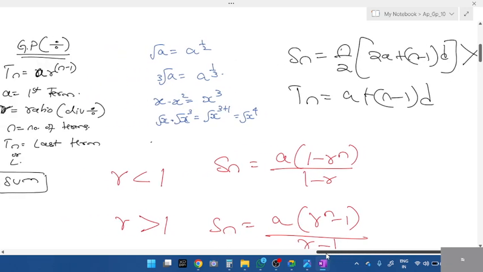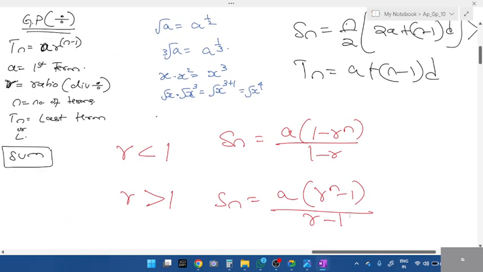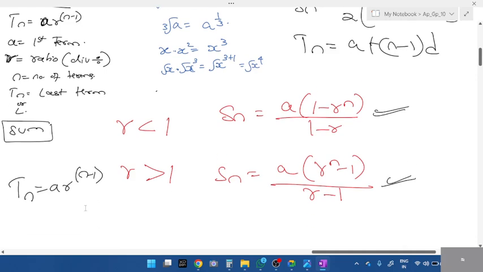There's a similar calculation for a GP question. In GP, whenever n is given, we use these two. If n is not given, use the basic formula. Tn is equal to a into r to the power n minus 1. Use the basic formula. Along with this, take down another formula. Instead of Tn, L, students, L. If the last value is given, L is equal to a r to the power n minus 1.